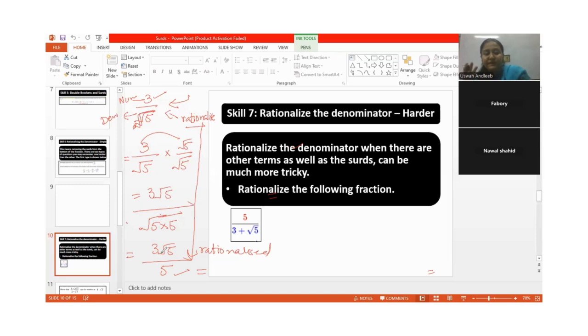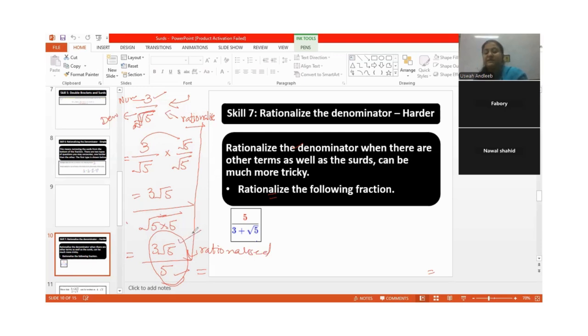There is a concept of indices and powers in chapter 2, I guess. There you will understand the concept of indices, and then you will be able to solve it. But for now, I'm just giving you the concept of rationalization, that by multiplying and dividing here, I have easily removed the sign of under root from my denominator.